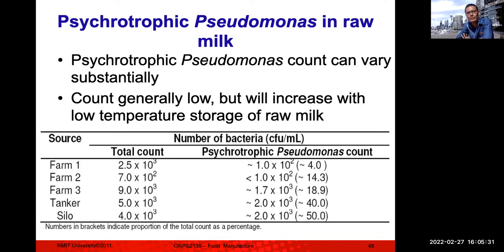Counts do increase with low temperature storage of milk, because low temperature storage selects for psychrotrophic Pseudomonas, because of the growth temperatures they do well under, as opposed to mesophilic bacteria.